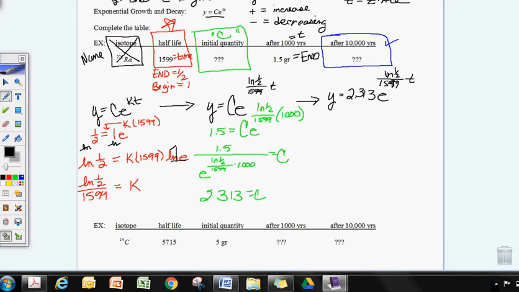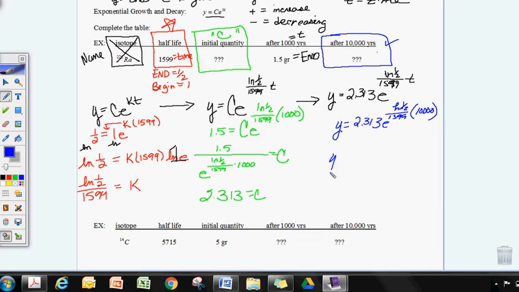So now, finally, to find this last question, y is going to equal 2.313 e raised to the natural log of 1/2 over 1599 times 10,000.